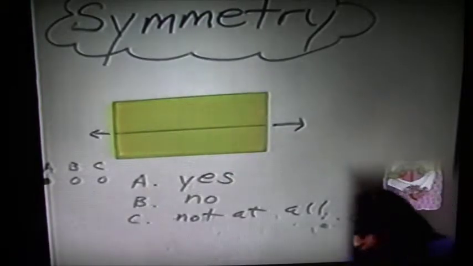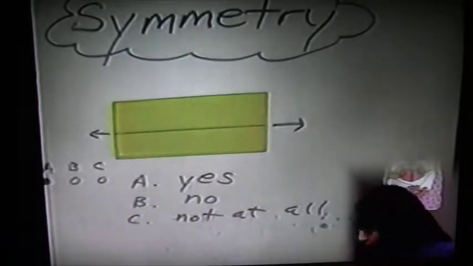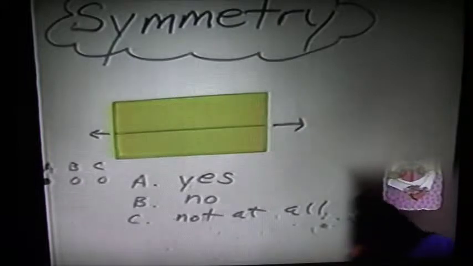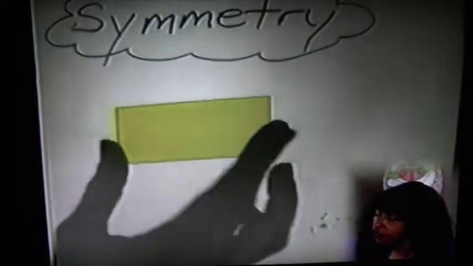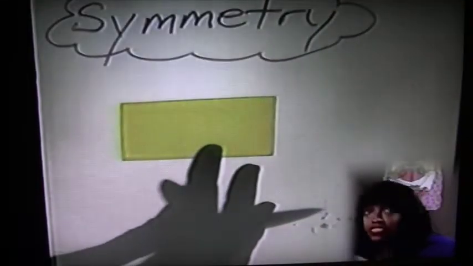Let's look at another example of symmetry using the rectangle once again. Now, the first line that I drew went horizontal, but you can also have symmetry going diagonally. When I say diagonally, I'm saying this.